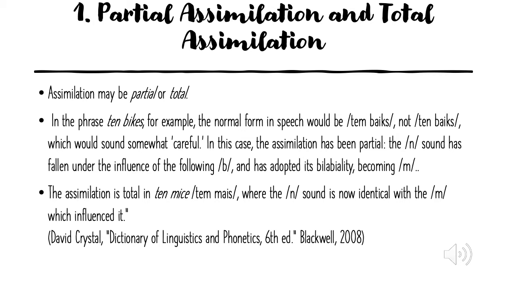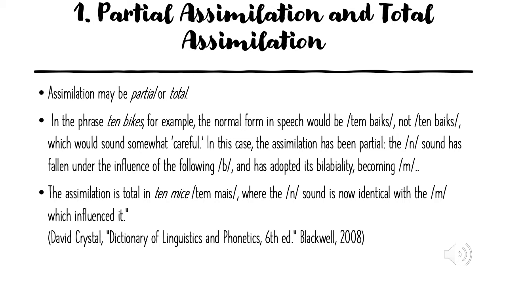Look at the phrase "ten bikes." In connected speech, the n of "ten" would move closer to the sound that comes immediately after it, which is b. B is a bilabial sound, and n is an alveolar sound.